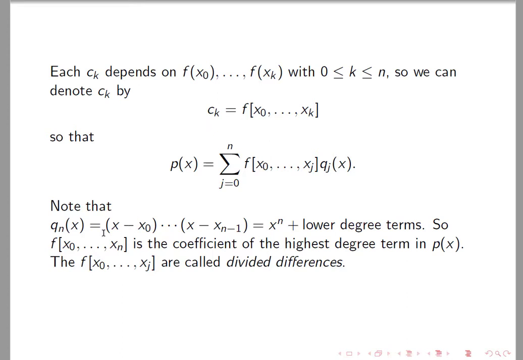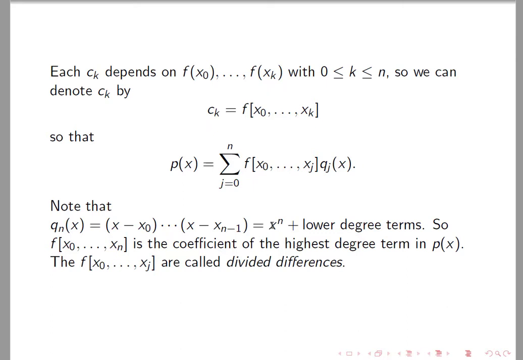So let's now look at our qn of x, which is this product of x minus x0 through x minus x(n minus 1). If we multiply those all out, the leading coefficient is going to be monic, because there isn't any coefficient tied to any of these isolated x's out front.